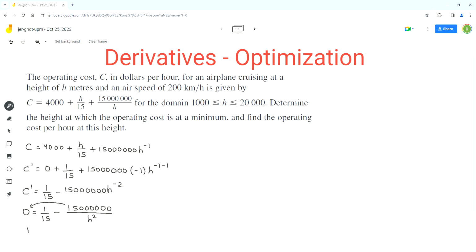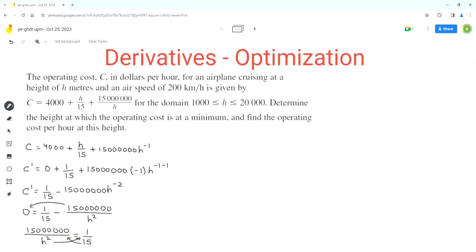So we get 15 million over h squared equals 1 over 15. Now we can move h squared to the numerator by cross multiplying the denominator on both sides.